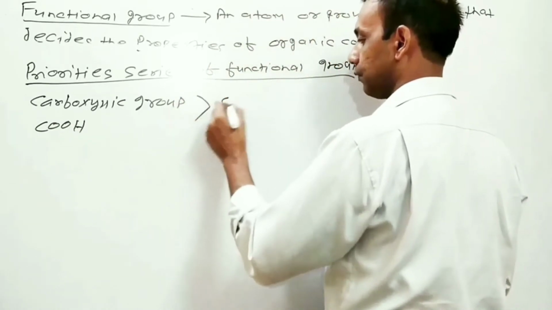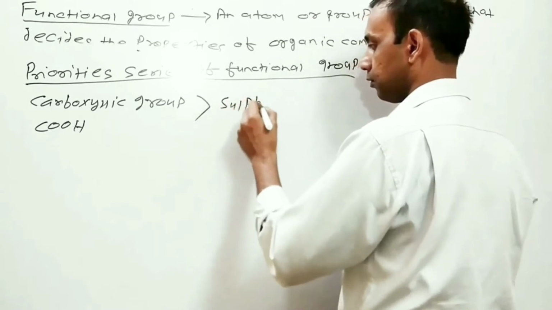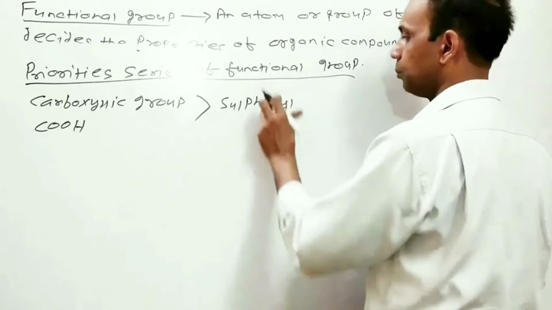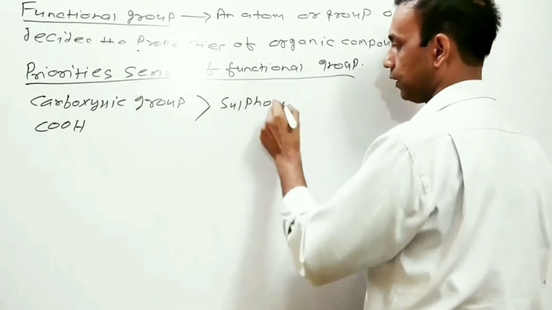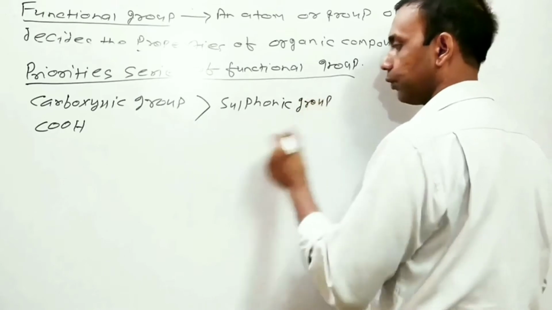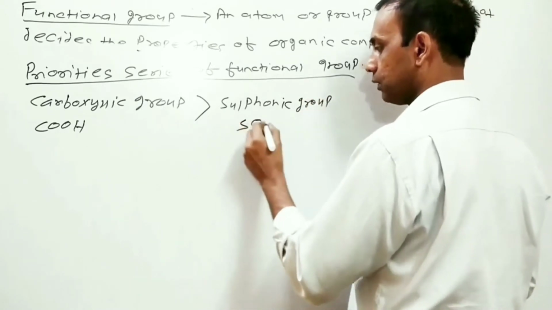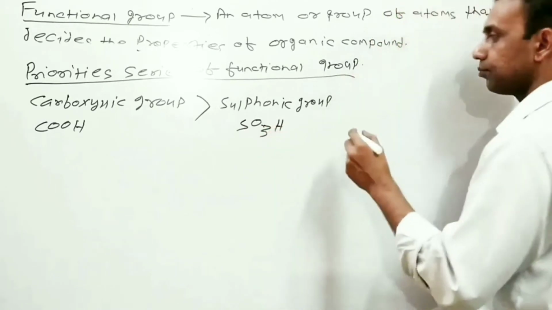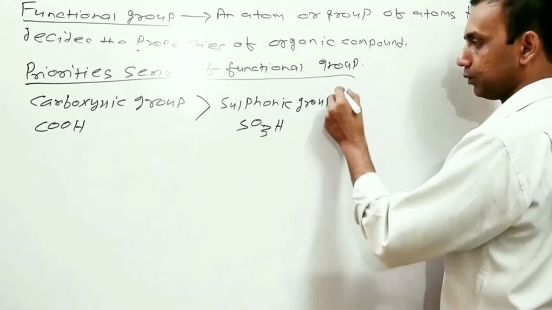Sorry, I said sulfonyl, sulfonic group is much better. The sulfonic group formula is SO3H, right?